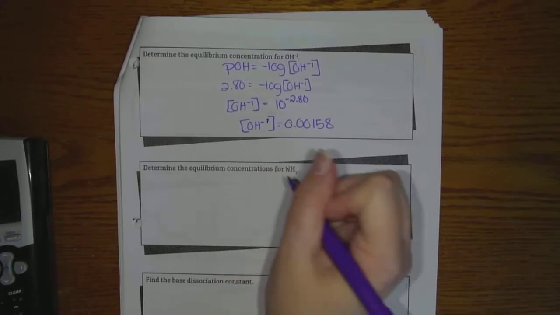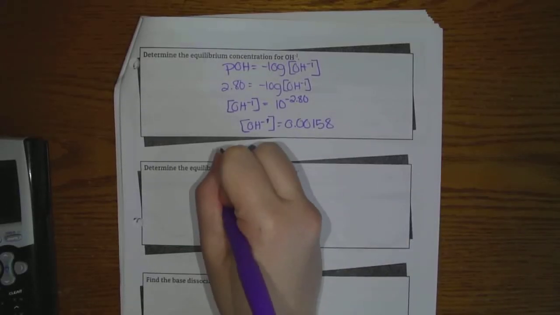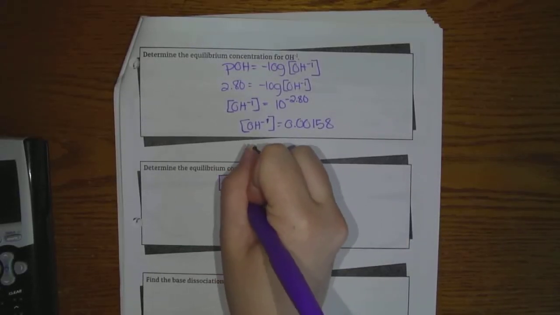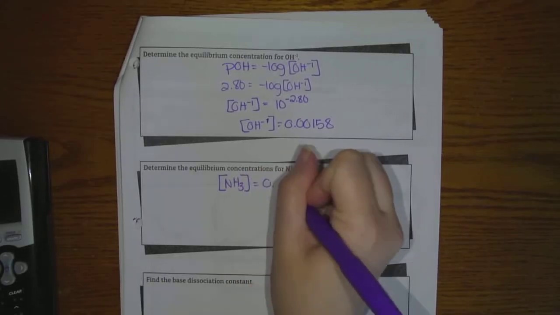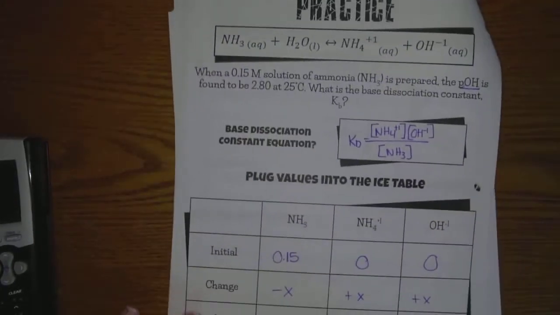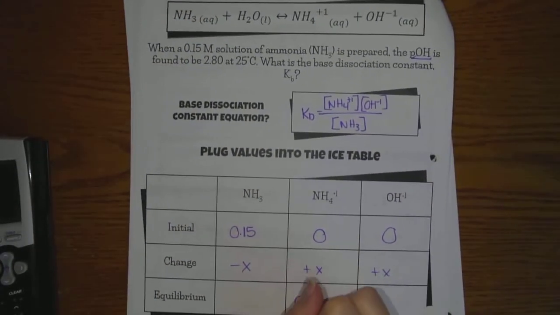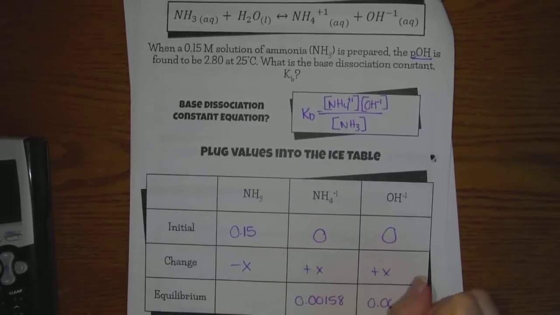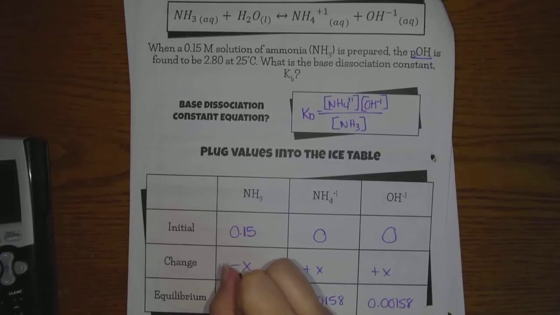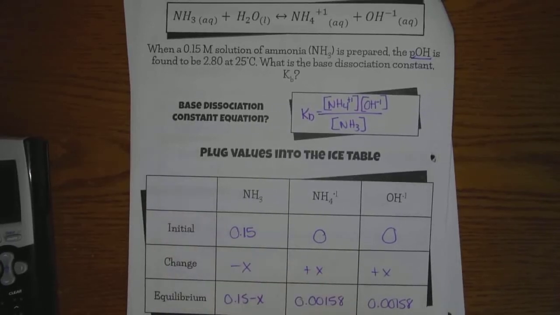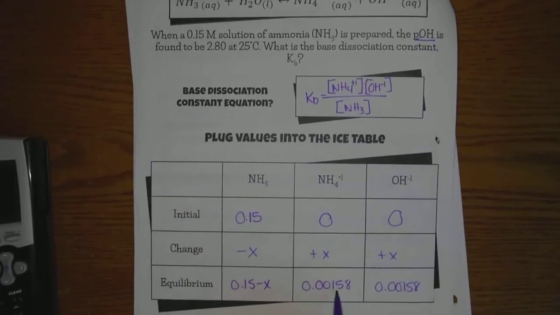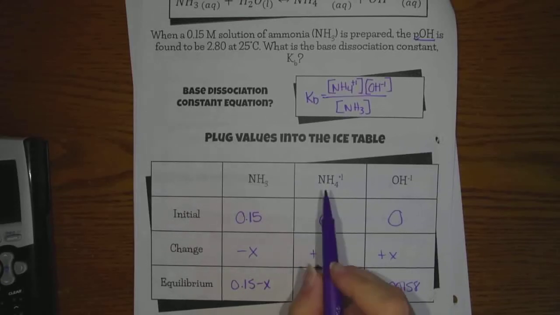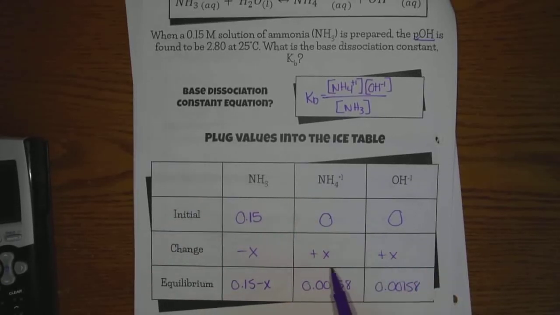Okay, so now we're going to determine the equilibrium concentration for our ammonia. That's going to be 0.15. Let's put everything back into our ICE table first. Remember, this is going to be our x value because that's how much we've changed. We started at 0, we added x, and we've gotten here, so that must be our x value.